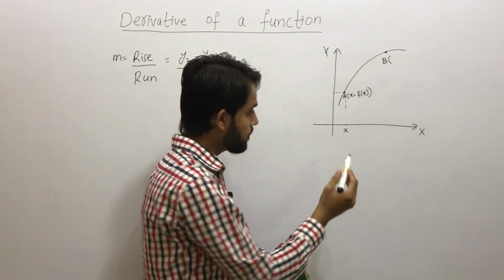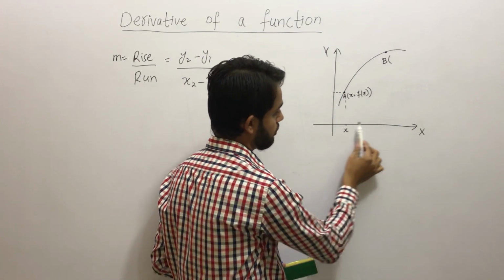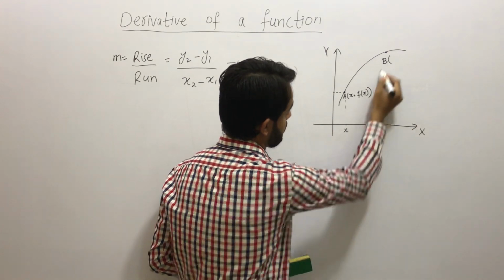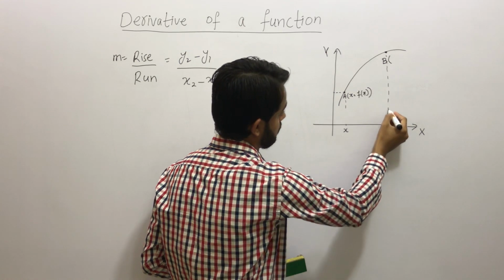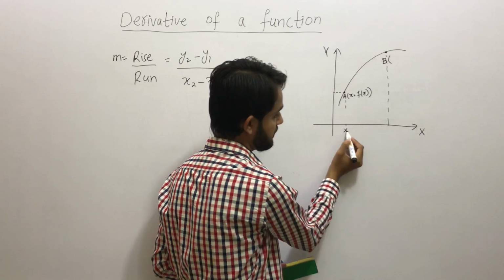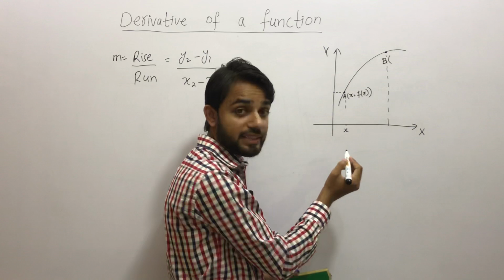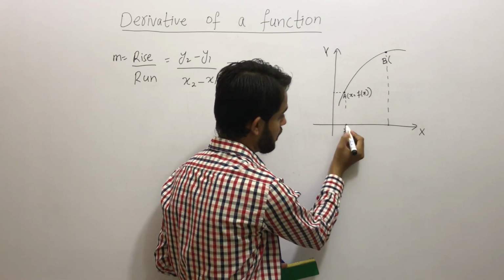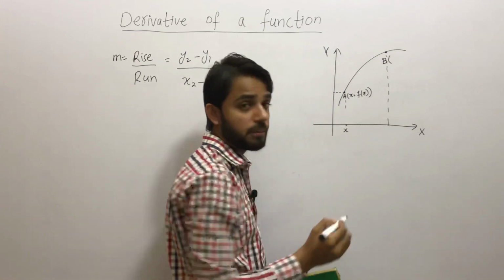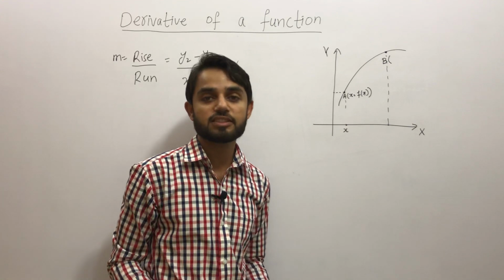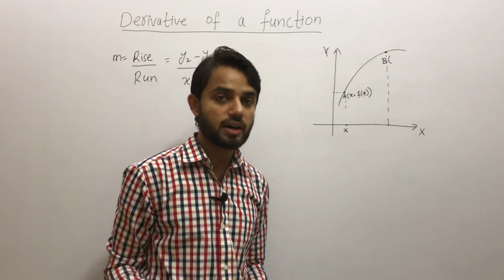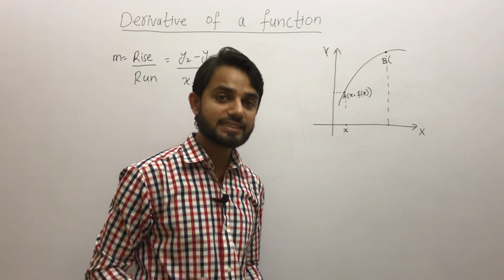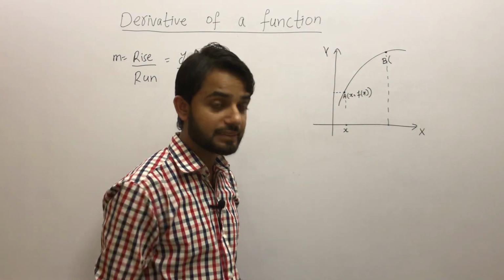Now once you are moving further from left to right hand side, let's suppose that there is a change on the x axis from this point to this point, but we don't know how much that change is. So we are going to represent that change with delta x.